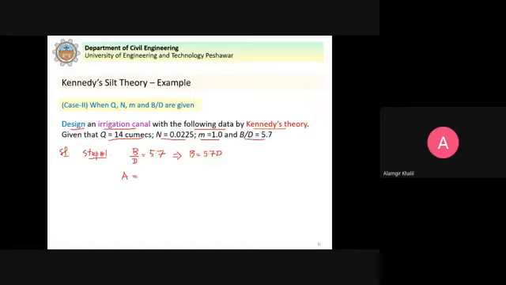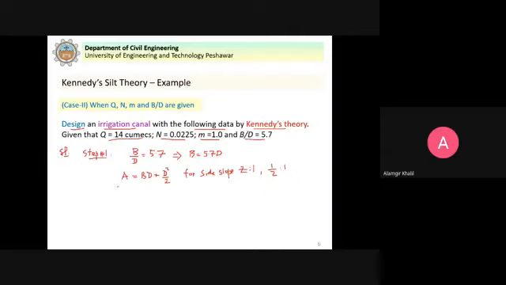So area is equal to B times D plus D square by 2, and this is for side slope Z ratio 1, that is half to 1.